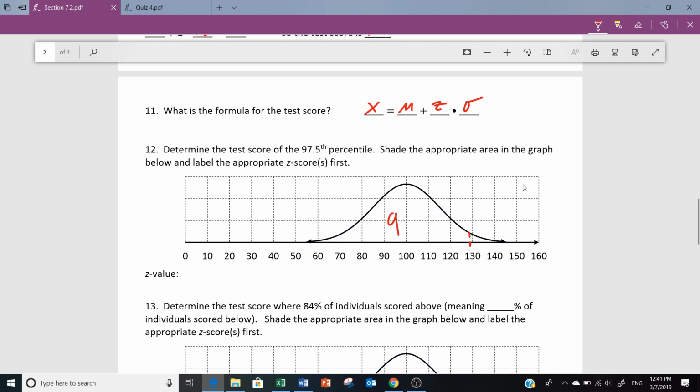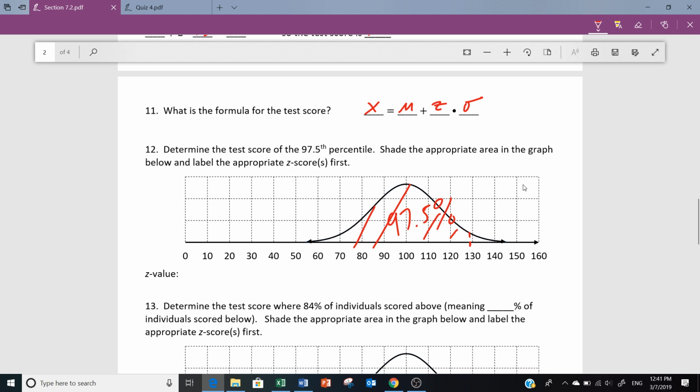What percent is this? 97.5%. Good. Very, very good. Anytime we have the percentage and we want to find the z-value, we use norm inverse. So type in NORM.S.INV of 97.5%.